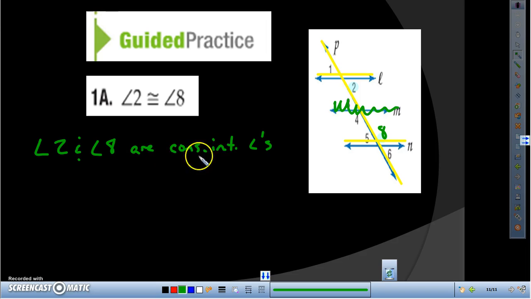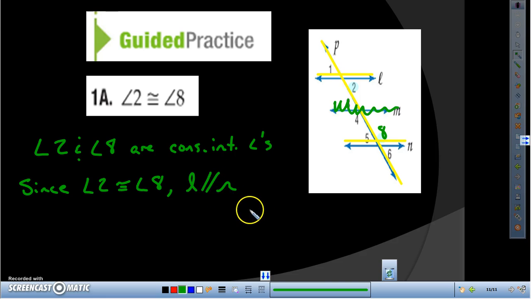I know that their relationship is consecutive interior, and I was given that they're congruent. So now that I've stated the relationship, I can say since angle 2 is congruent to angle 8, what do I know? I know that this line and this line, L and N, are parallel.